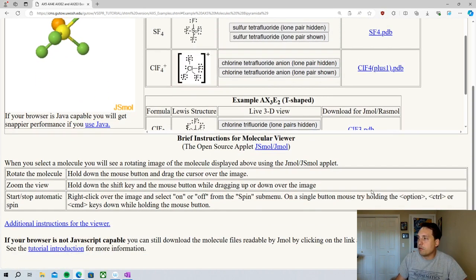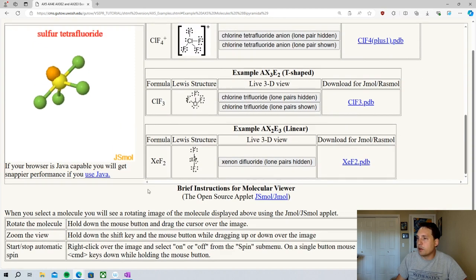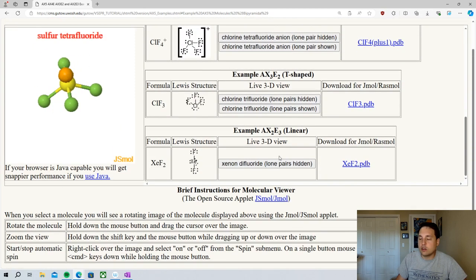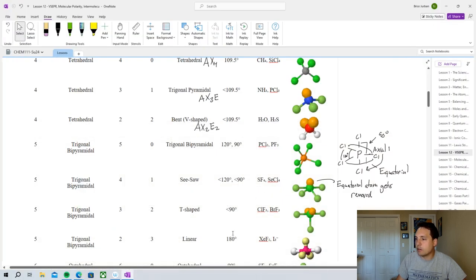And then if we have three lone pairs, we're just left with the axial atoms. So xenon difluoride. The lone pairs are not shown; they're drawn in here. But those would be all the equatorial atoms removed, and then you're just left with two axial atoms. And then the bond angle here is going to be just 180 degrees.